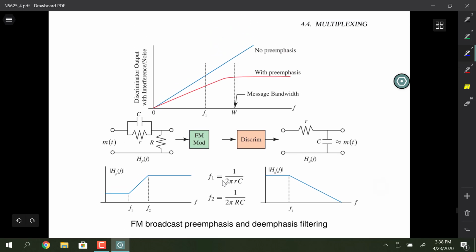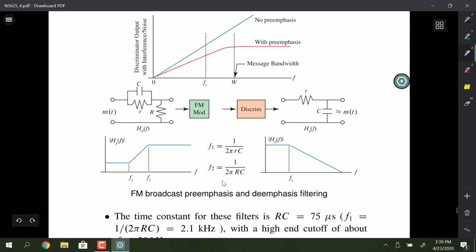So the picture of how that works, end to end, is this: this is the discriminator output. If you don't put the de-emphasis filter on, the noise just gets bigger and bigger. That's the blue curve. But with the pre-emphasis and de-emphasis filter, you're able to flatten the noise down.